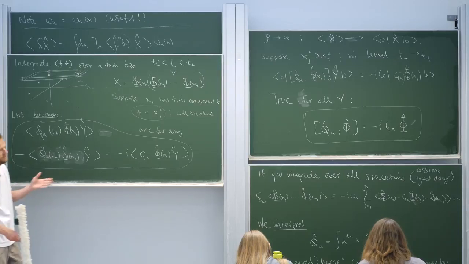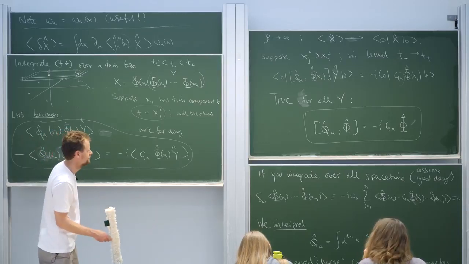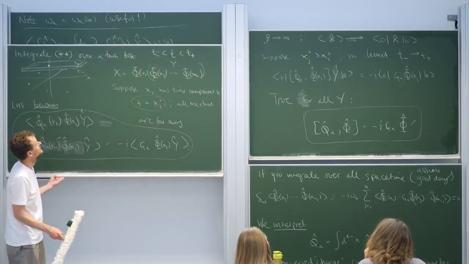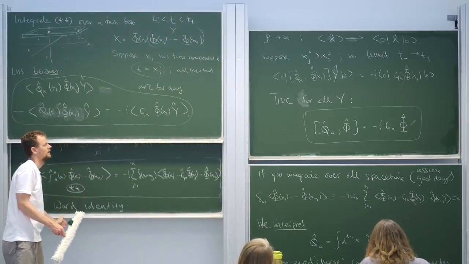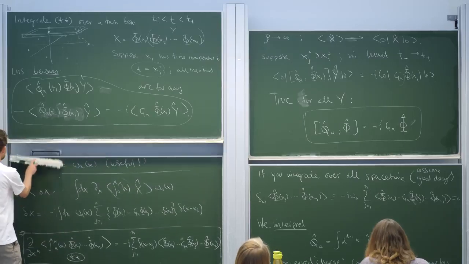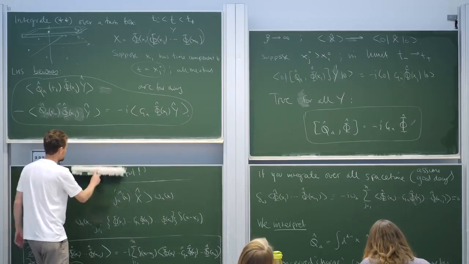Let's think about spatial translation, for example. Just translating in space. So the right-hand side is pretty easy when you translate in space.